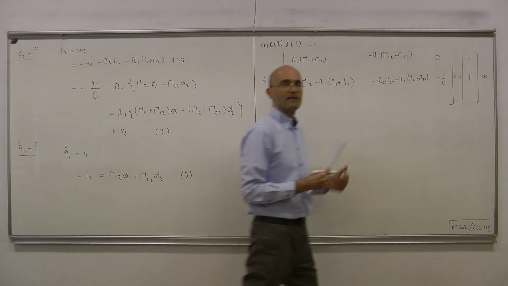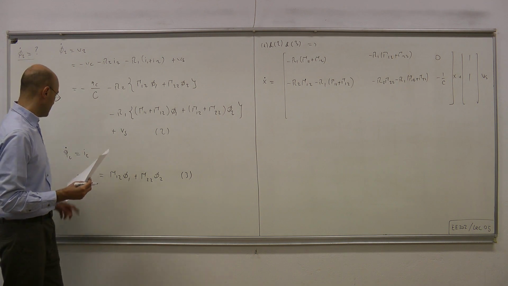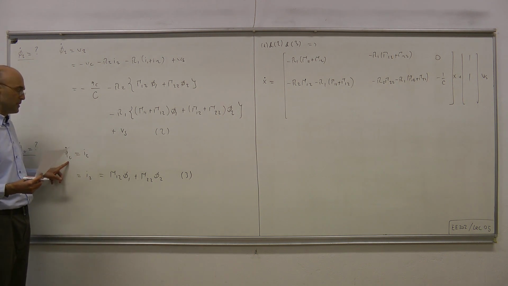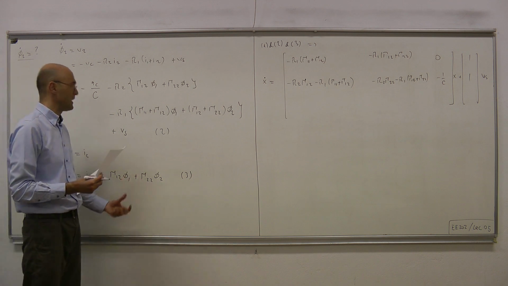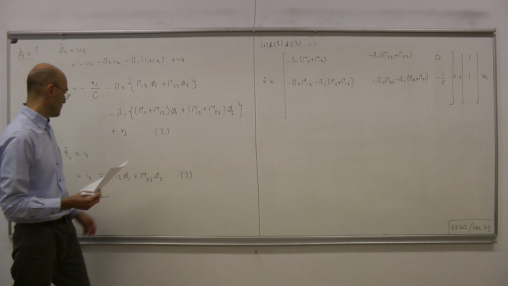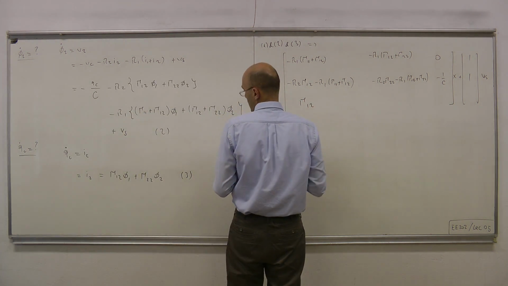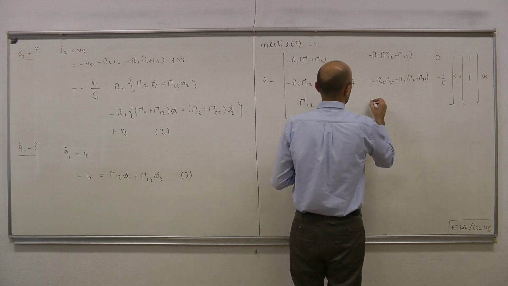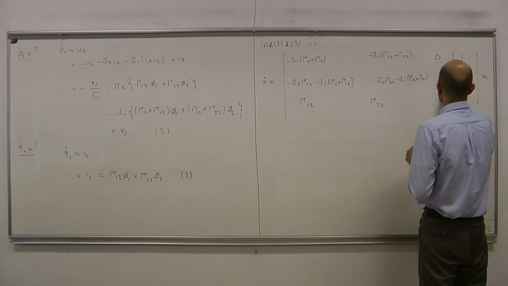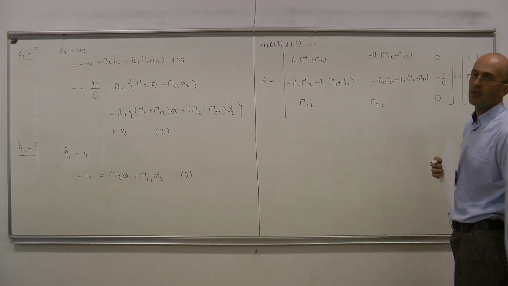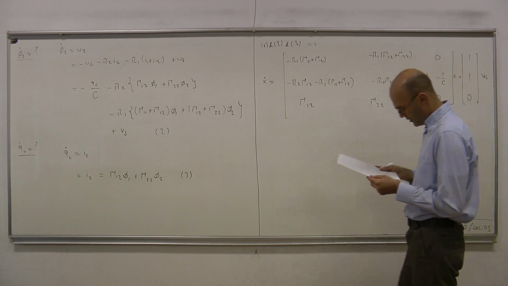And finally, for the last row, we will get the last equation, the QC dot equation. It's quite cleaner compared to the previous two. So what we have is gamma 1,2 times phi 1, gamma 2,2 times phi 2, plus 0 times QC plus 0 times Vs.